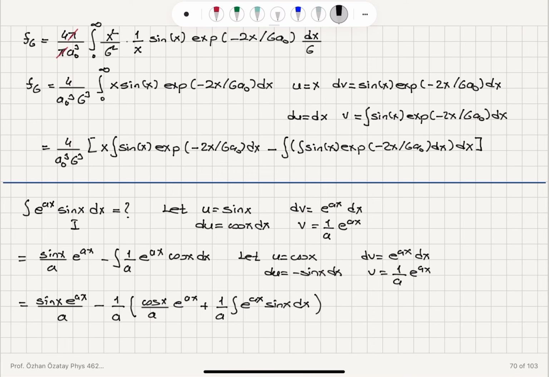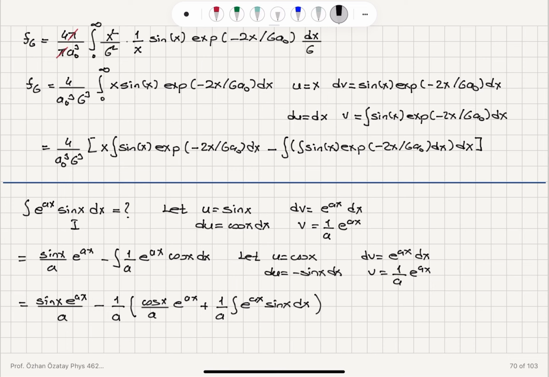All right, so this is u times v minus integral v du. We have a minus sign here, so this becomes plus. v is 1 over a e to the ax. du is minus sine x dx, so we have the sine x dx here. And you can see that I have encountered the same integral here, integral e to the ax sine x dx.